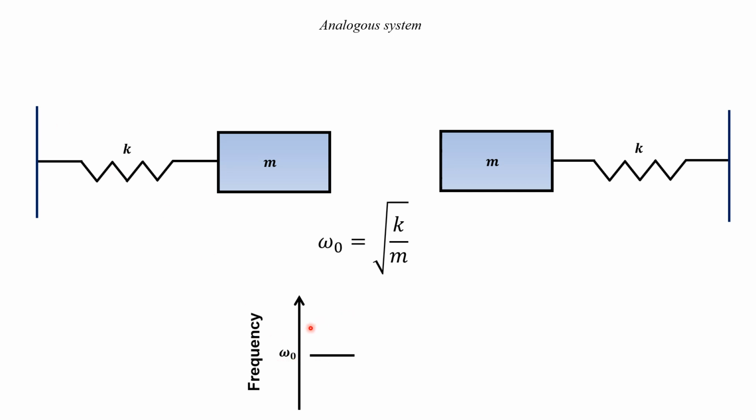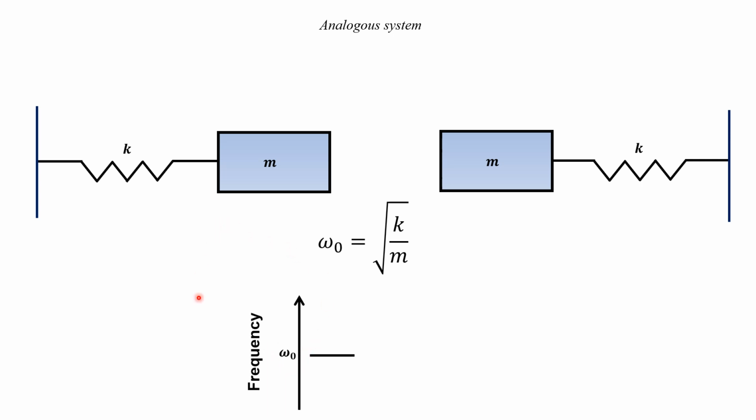But usually we represent these two modes of oscillation with the two lines overlapping each other. So in this case, we still have two modes of oscillation. We still have two lines here. We can only see one because they are overlapping each other, and they are overlapping each other because the harmonic oscillators are identical, so they have the same resonance frequency.